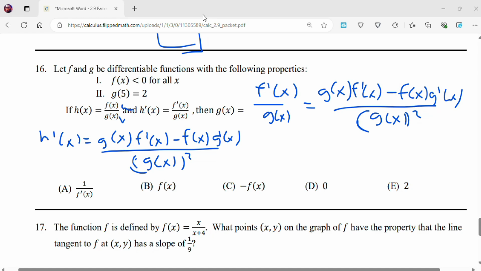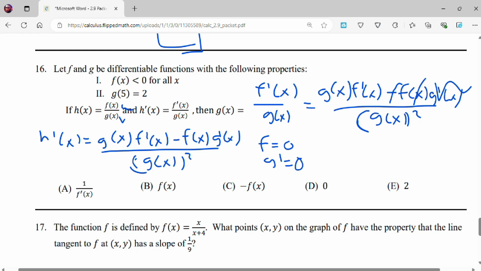Okay, so let's compare the two sides. On one side, we have everything, and on the other side, we only have f prime of x over g of x. We don't have g prime of x, so we can assume that either f equals 0 or g prime equals 0, right?